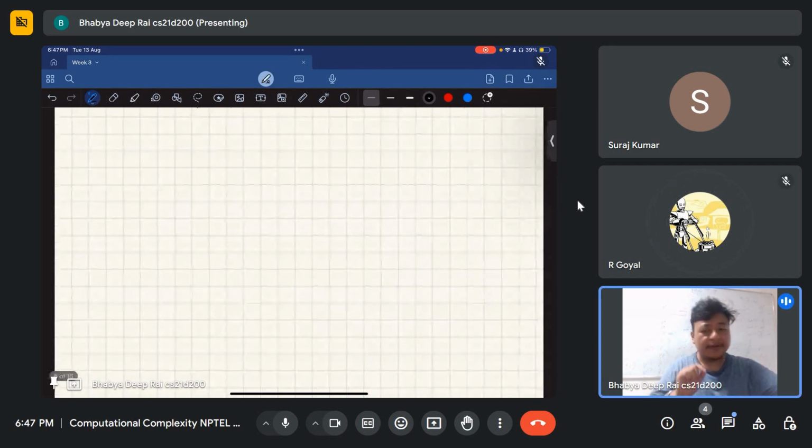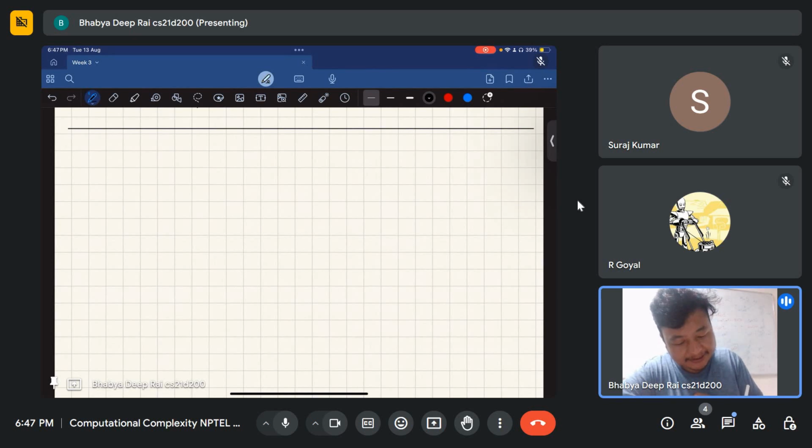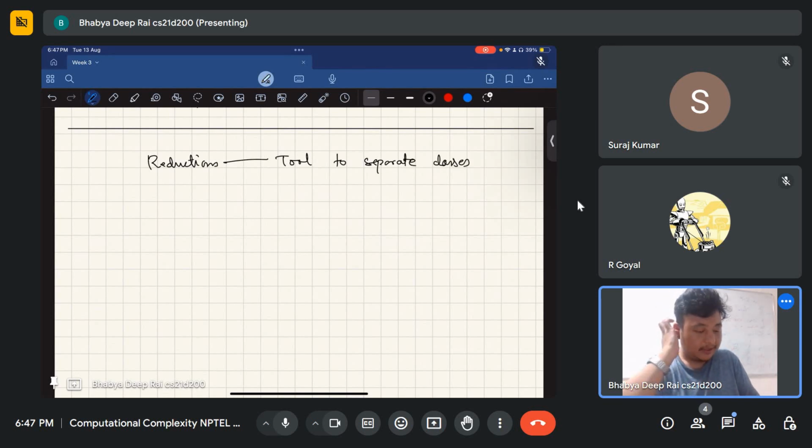Now coming to your previous question, why is it so? What are reductions? A reduction is a tool to separate classes or join classes.